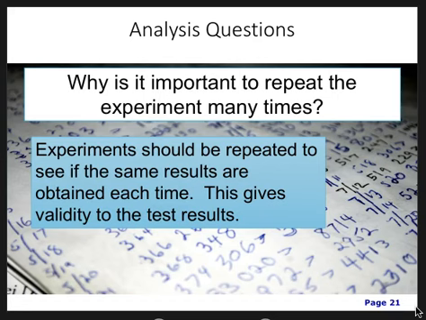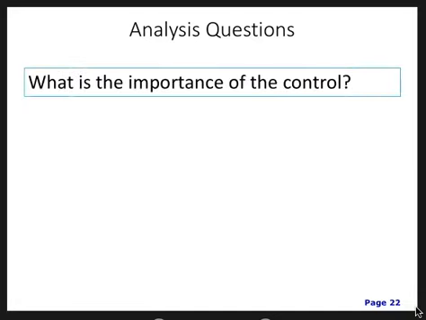So we repeat experiments to see if we can produce the same results, to make sure that it's not a fluke. Every time that we reproduce the same results or very, very similar, statistically similar results, we consider that to be a supporting body of evidence, and that leads to the validity of our results.